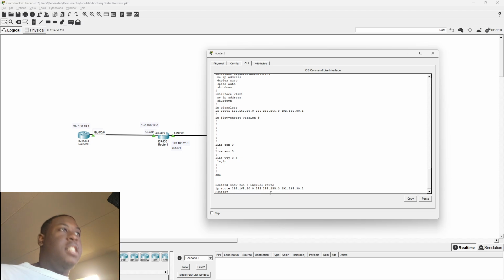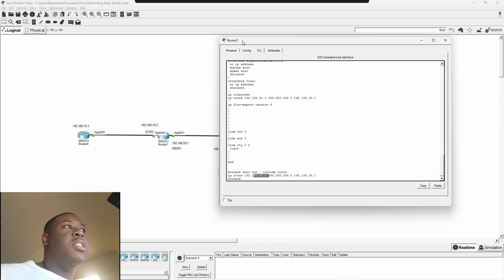See, this route would work for .20, right? But it won't work for .10, because this is a more specific route. We need a broader route if we want to include .10 as well.